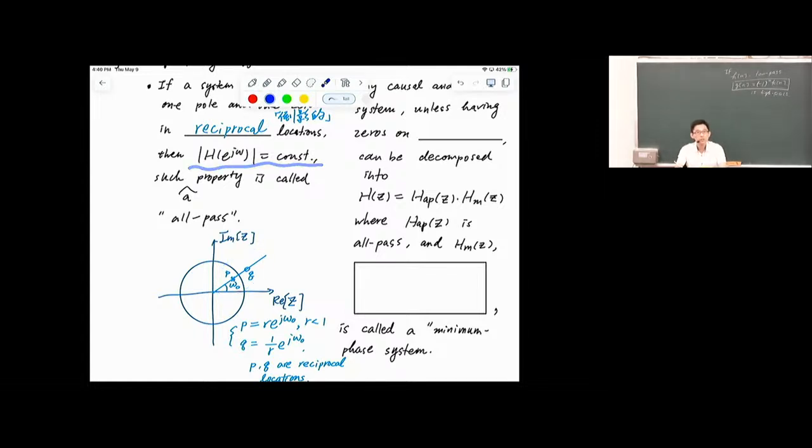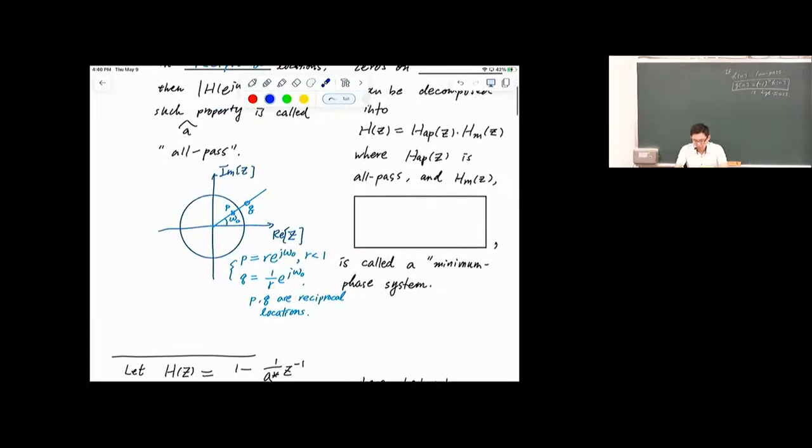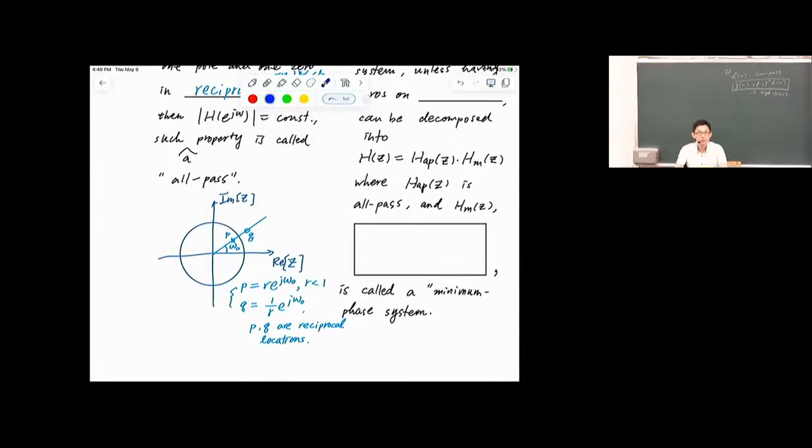And if I remember correctly, the constant is 1 over r. So this is just to tell you the result, the consequence.